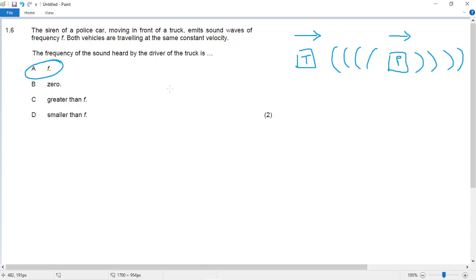Remember what the Doppler effect definition says, and especially that old definition that they sometimes let you use in the question paper. If you want to have the Doppler effect, you have to have two objects moving relative to each other. What does this word relative mean? It means the one must be faster or slower. Either there's a stationary listener and a moving source, or a stationary source and a moving listener, that are moving relative to each other.